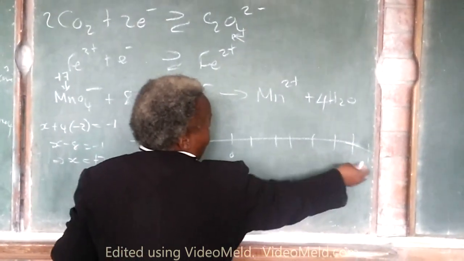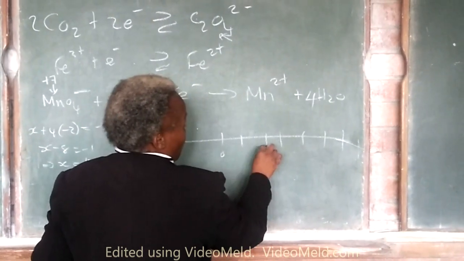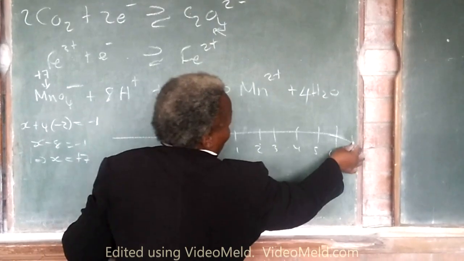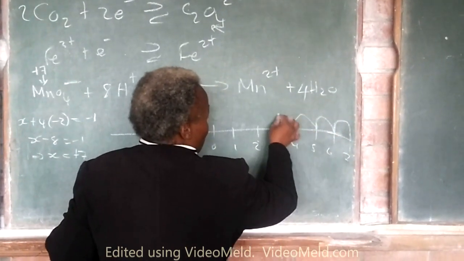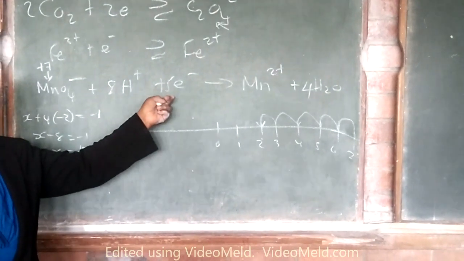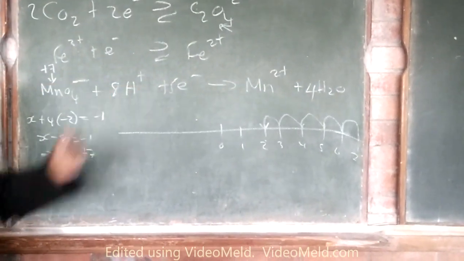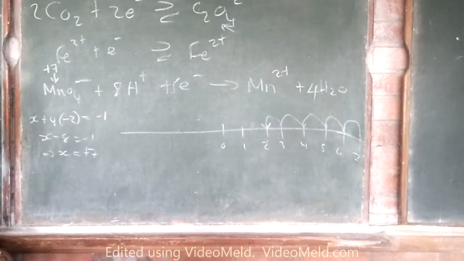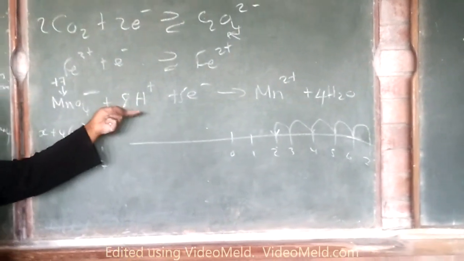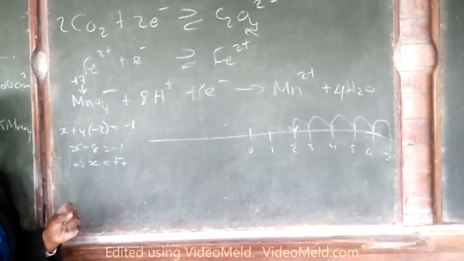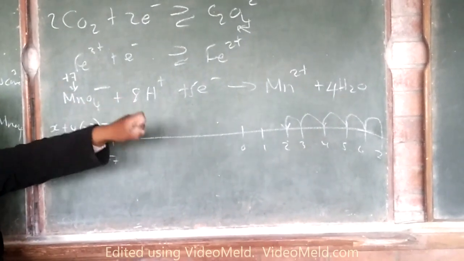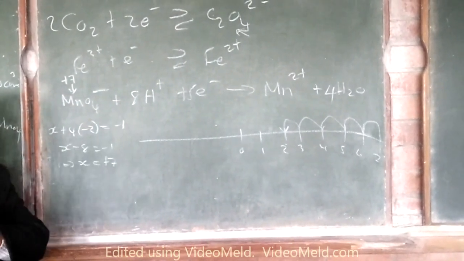I'm standing at 7 and I must come to plus 2: 1, 2, 3, 4, 5 steps. 5 electrons. So these are the two ways by which you can balance the electrons. You can use the charges, or you can use the changes in the oxidation states. So to move from plus 7 to plus 2, we need to gain 5 electrons.